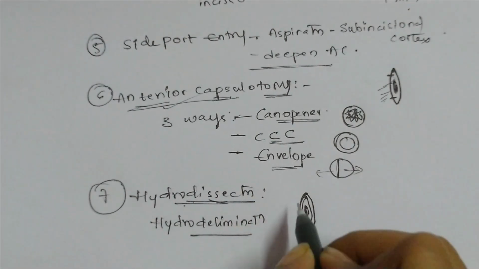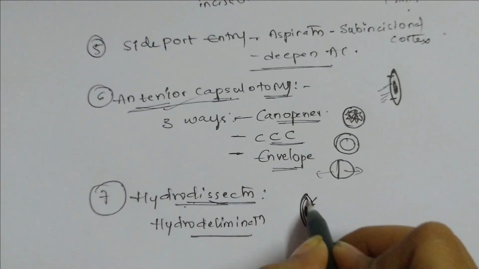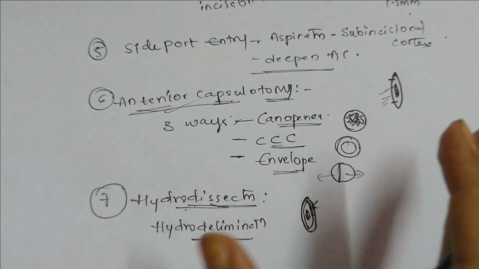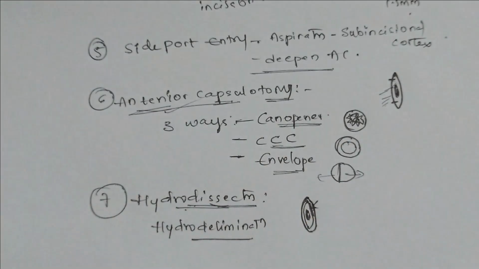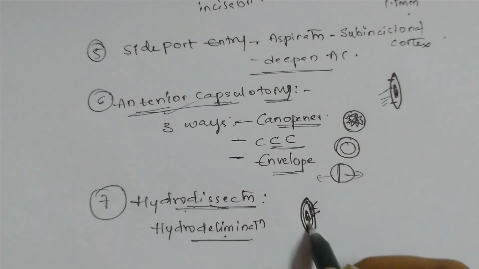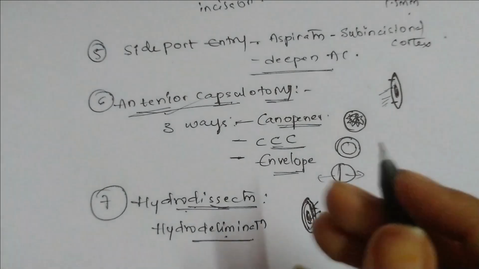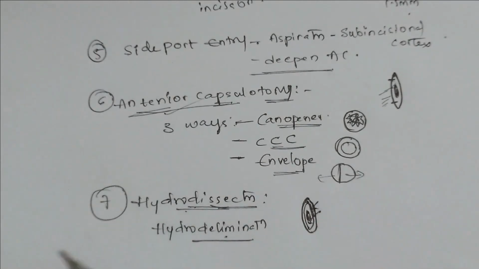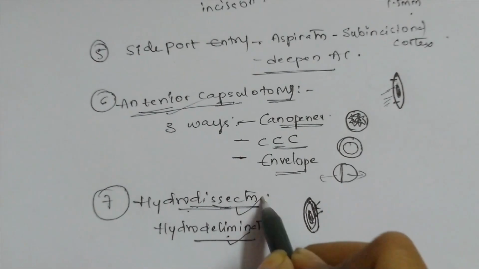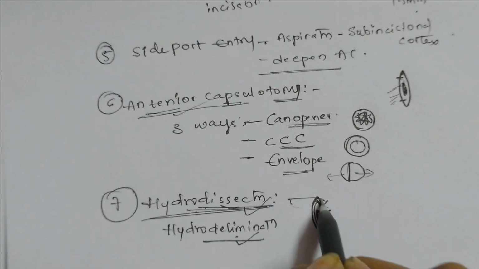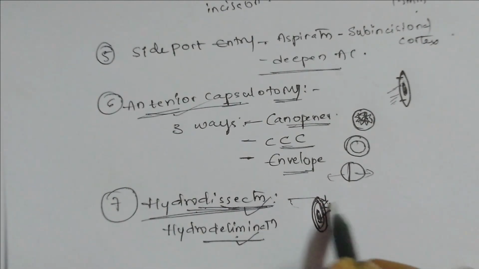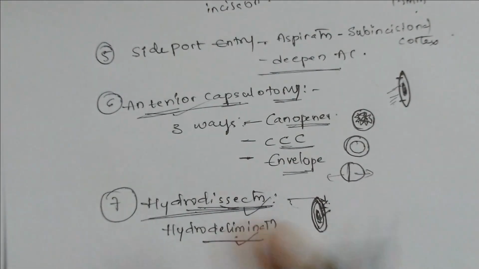Hydrodissection is injection of fluid in between the capsule and cortex, so that there is separation of the capsule and cortex, and it will be easier to remove the cortex from the capsule. Hydrodelimitation is injection of fluid into the lens in between cortex and nucleus, so that the nucleus is easily separated from the cortex. In this technique we use hydrodissection, that is, fluid is injected in between capsule and cortex, so that the cortex is separated from the capsule.